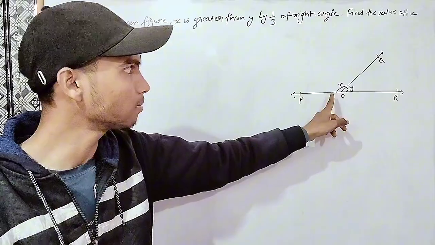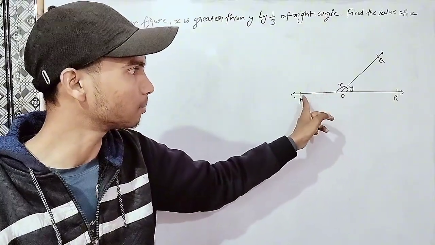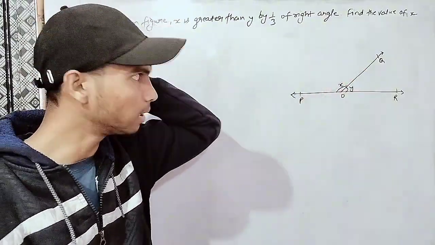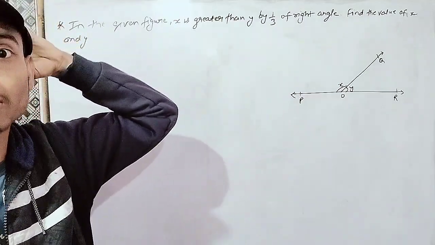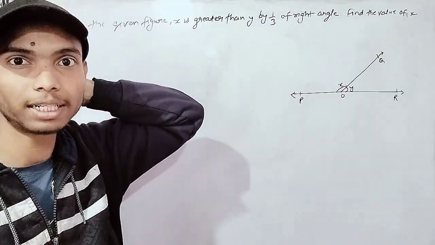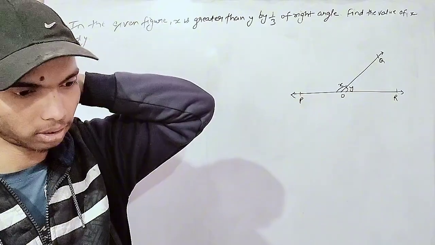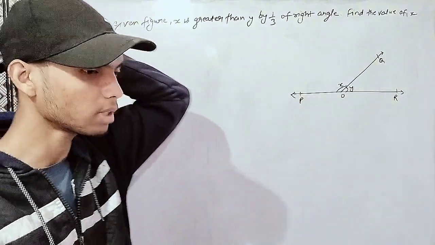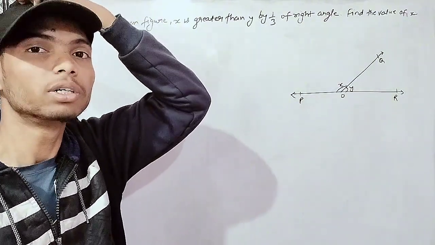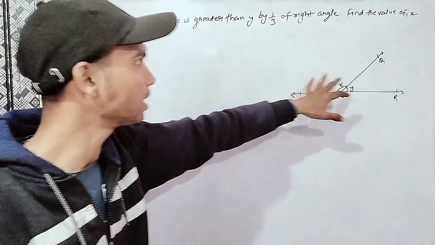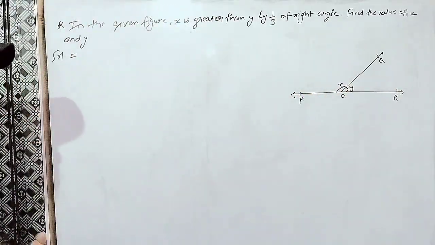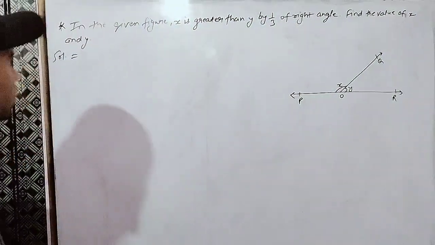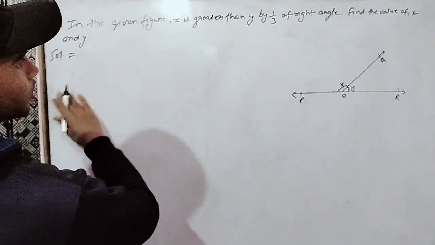The sum of angle POQ and QOR is 180. It is a linear pair. It is called a linear pair because the sum of the angles is 180 degrees.